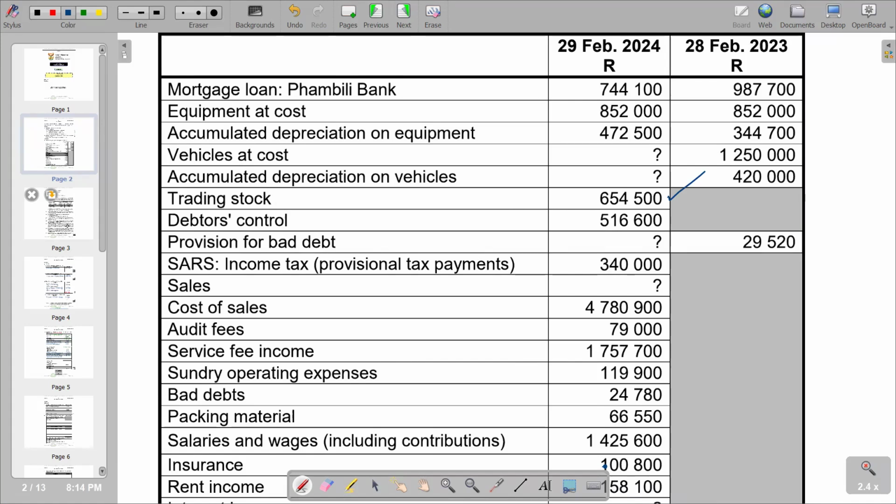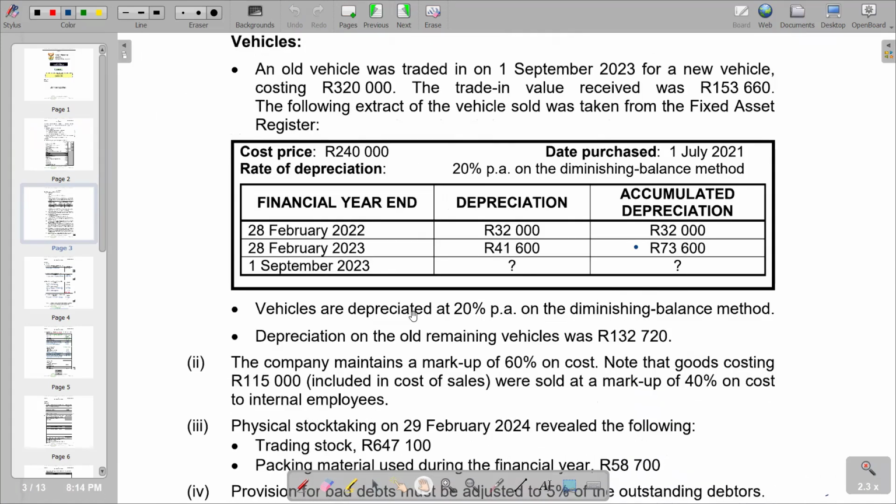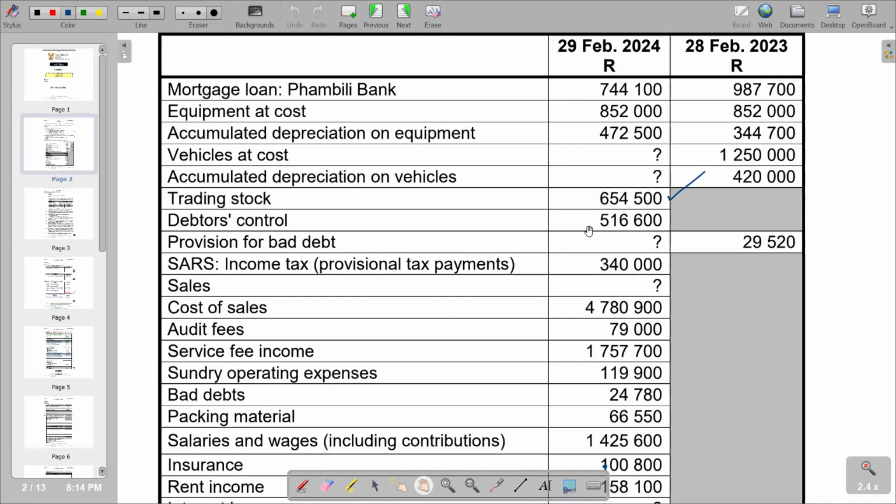So we compare it with the physical stock count figure that we are given in additional information, which is 647,100. So we see that 647,100 is less than the book value. So if the physical stock count is less than the book value, it becomes the trading stock deficit. So it's an expense.